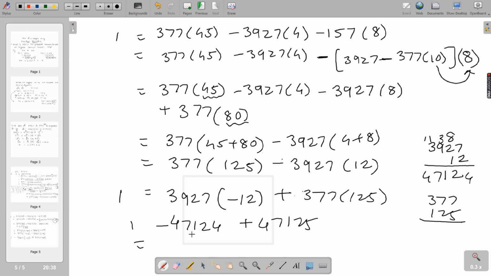So 47125 minus 47124 is 1. That means our integers are correct. Okay, so this is the expression.